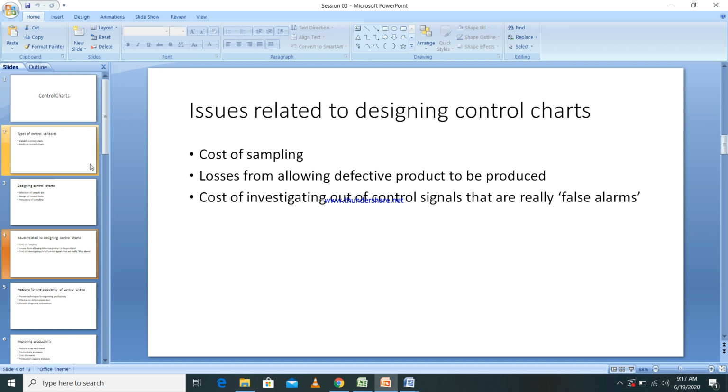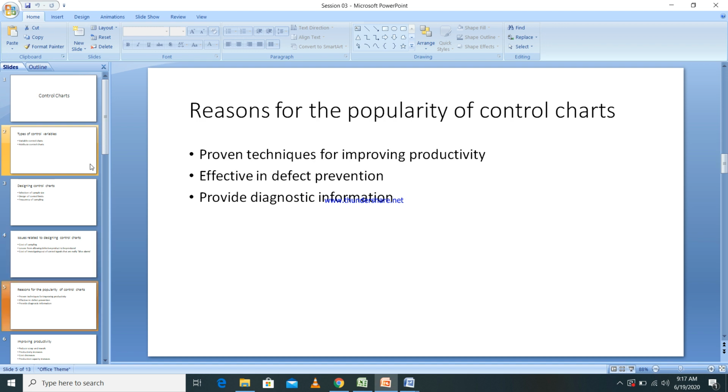If we have not specified our control limits correctly, we may end up with false conclusions. So that is also a disadvantage of designing these control charts. But if you check the quality control field, control charts are very popular in statistical quality control.